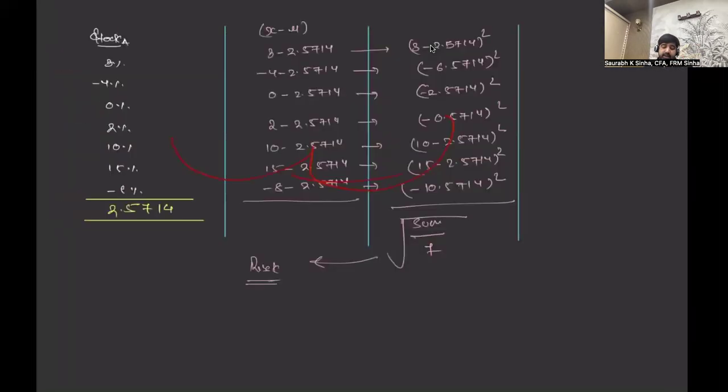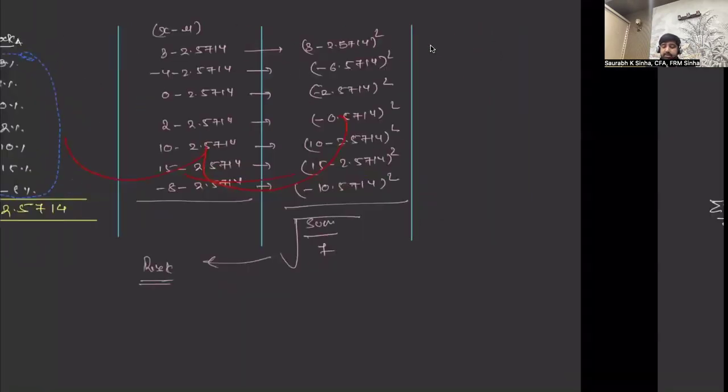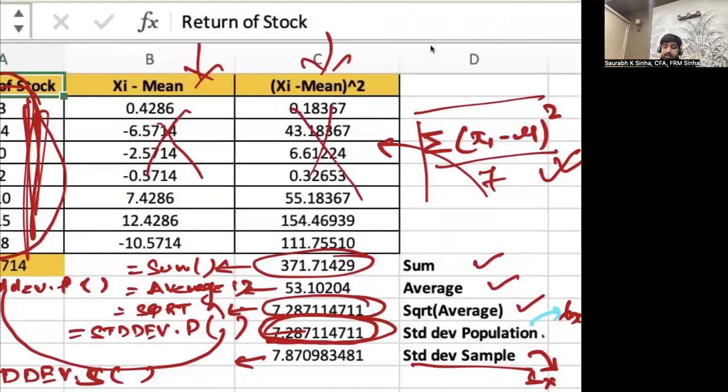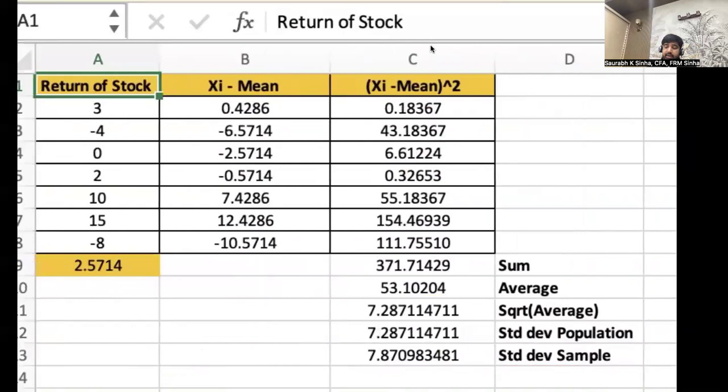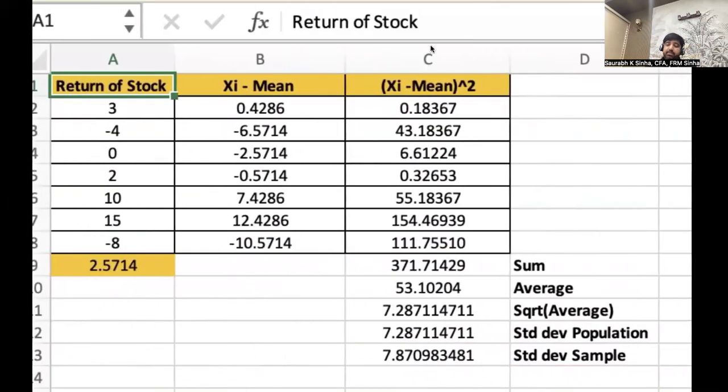So let's take the data. It's 3, minus 4, 0, 2, 10, 15, and minus 8.